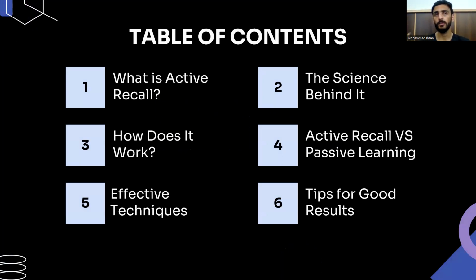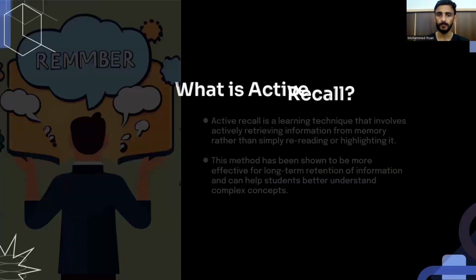After explaining the physiology, how it works and how it helps us in our daily life as students, we're going to go through briefly the comparison between active recall and passive learning. After that, we're going to give some effective techniques that you can practice active recall with and apply in your daily studies. After that, we're going to be presenting tips for good results and for a better outcome from this type of studying method. So let's start.